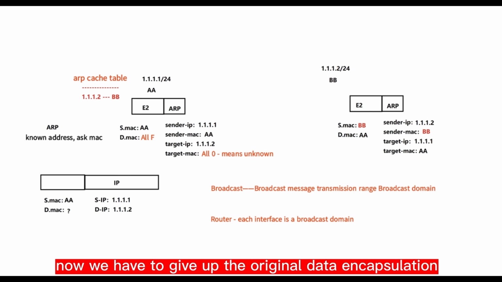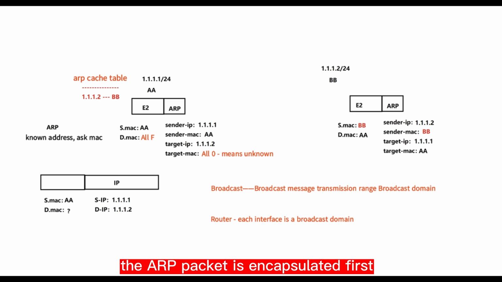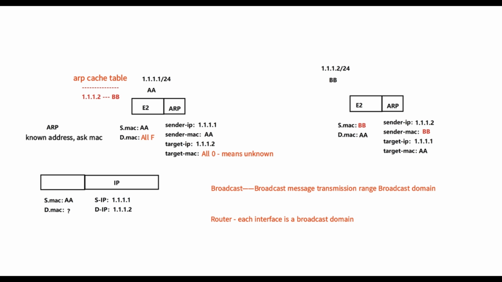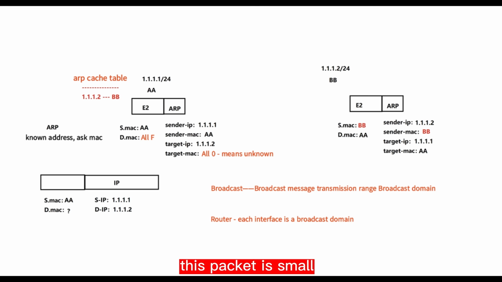Now we have to give up the original data encapsulation and instead encapsulate the ARP packet first. ARP is a message encapsulated in the data link layer, but there is no other layer on top of it. This packet is small.